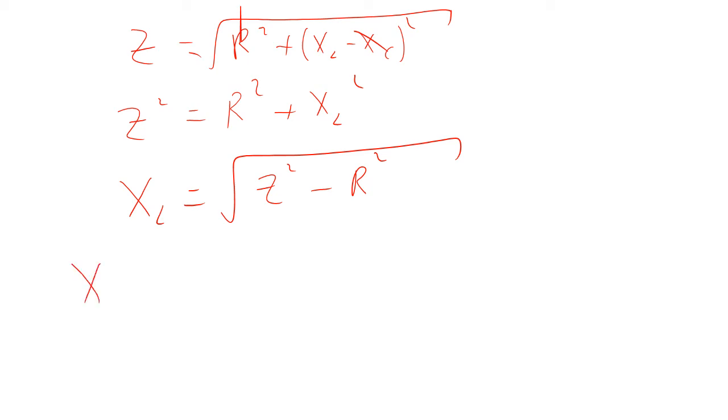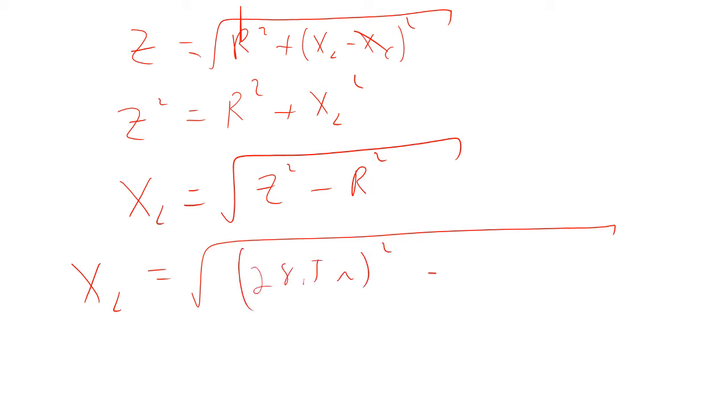Okay, so XL is the square root of 28.5 ohms squared minus 15.6 ohms squared. So XL is going to be equal to 23.9 ohms.